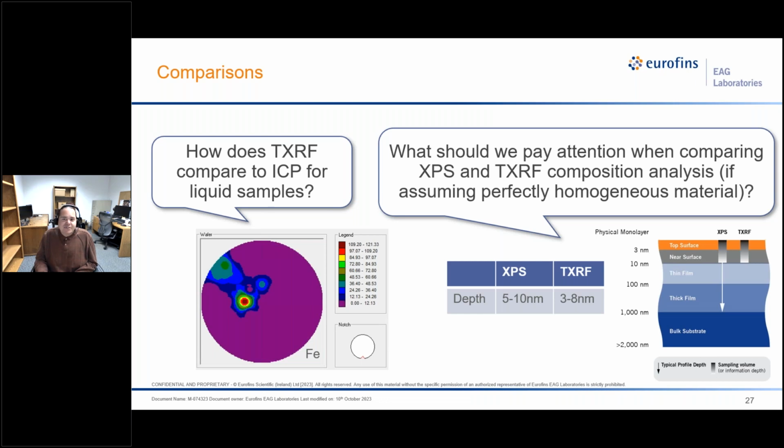The detection limits are also different, with TXRF able to see to a substantially lower detection limit than XPS by several orders of magnitude. There may also be different sets of overlapping elements with each technique, which would lead to different interferences to consider.